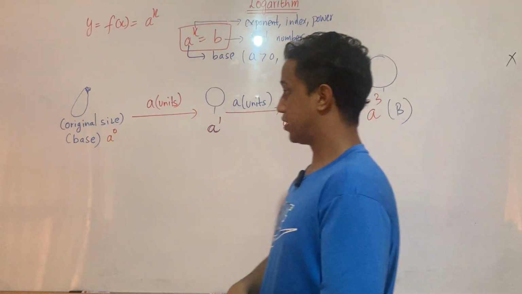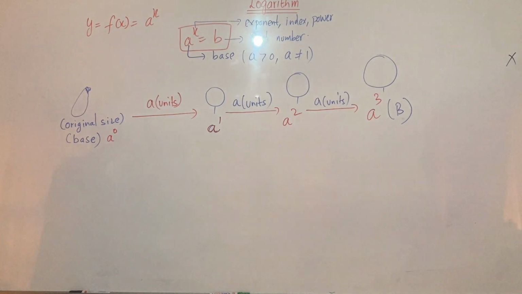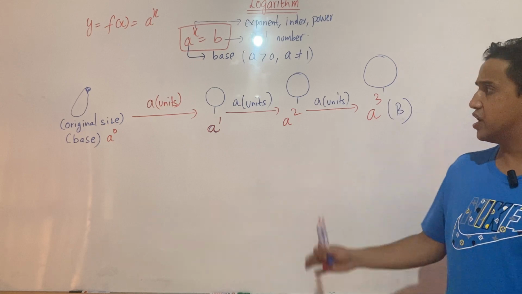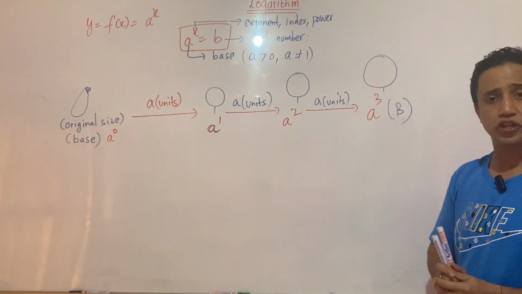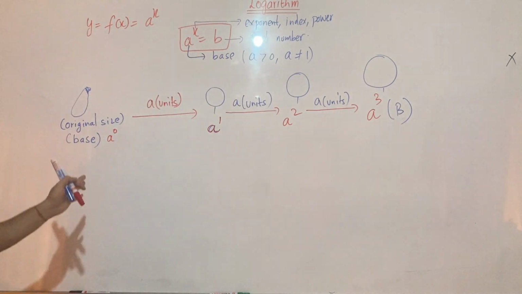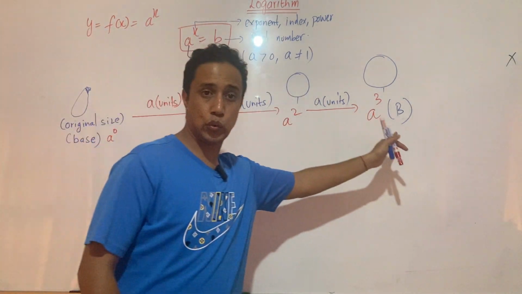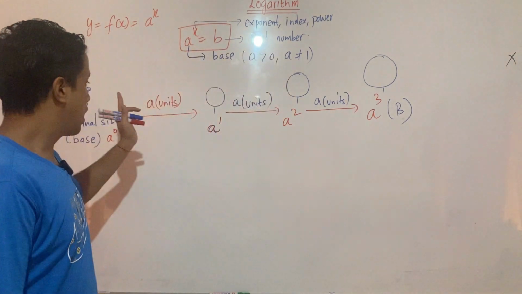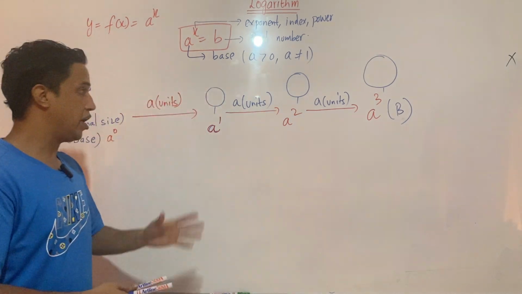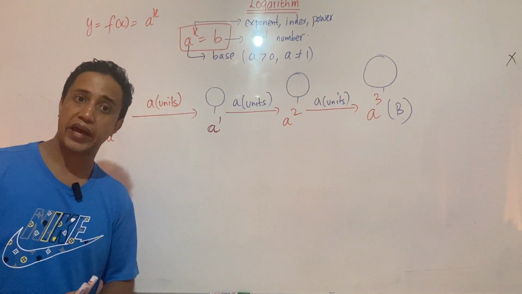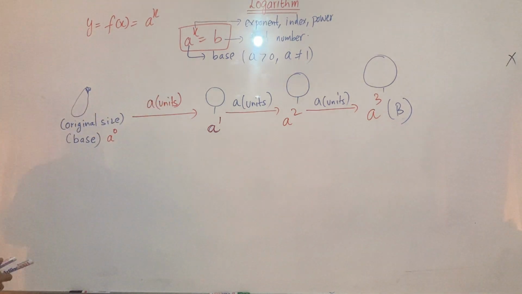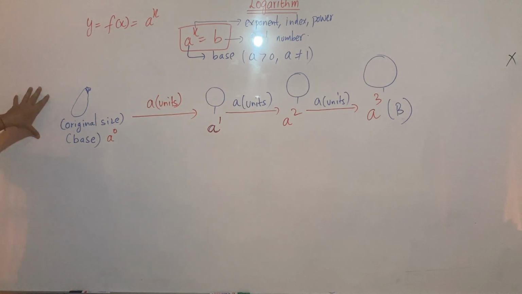Okay, B. So if you look at this process of inflating the balloon, it's quite similar to exponentiation, right? Here we started with the original size and we got to a cubed. Okay, and each step represents the amount of air we put in. Okay, I hope it makes sense. So here, what was the input?